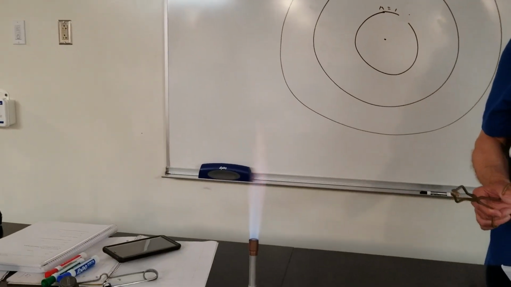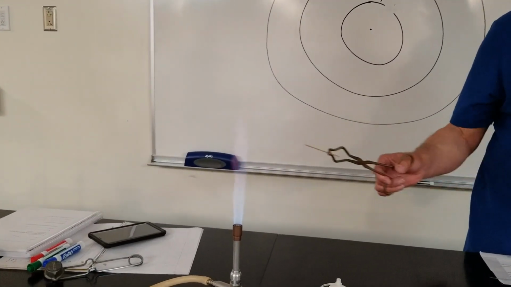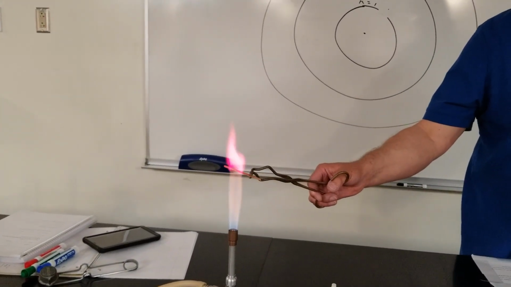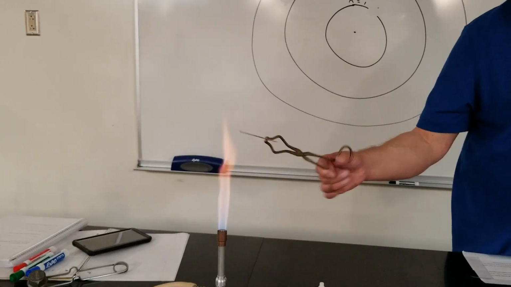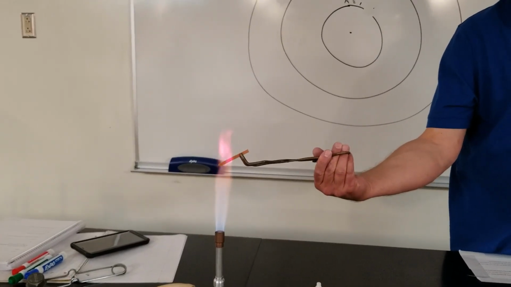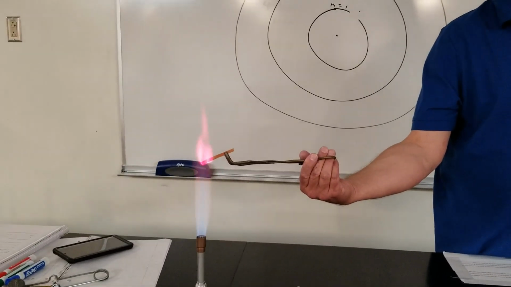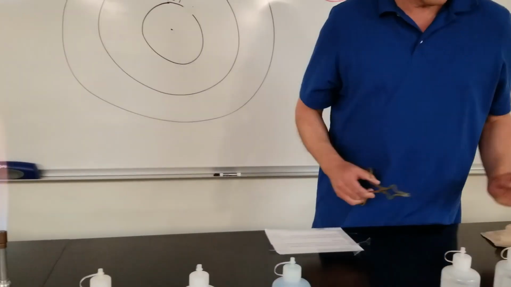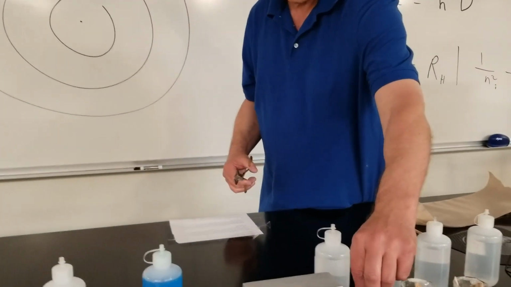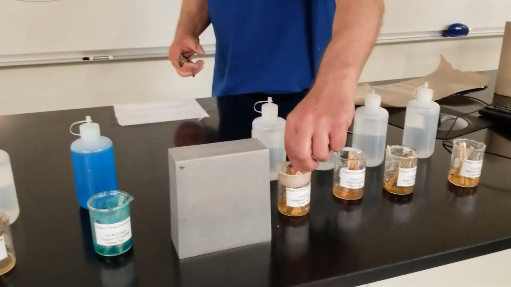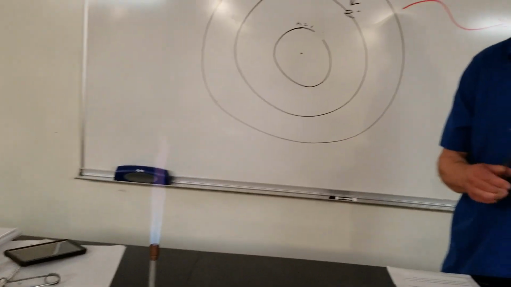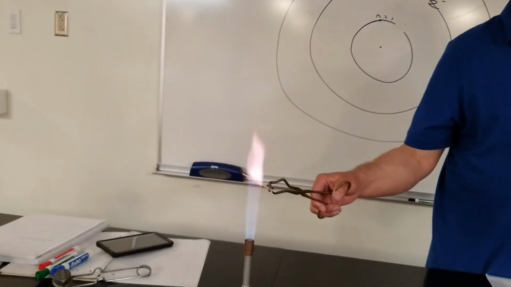Need to let the flame calm down a bit. Here's the characteristic color of lithium. See that kind of scarlet, almost a scarlet red. We have potassium, which is typically a nice purple, lavender.